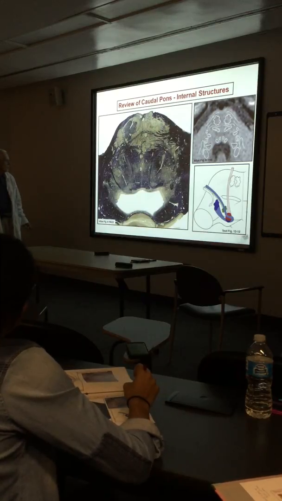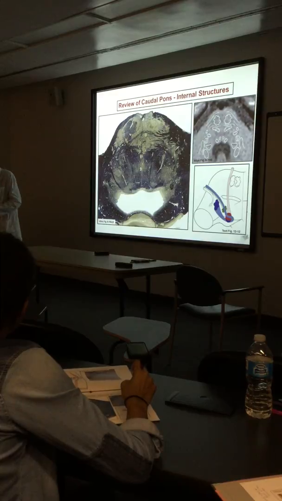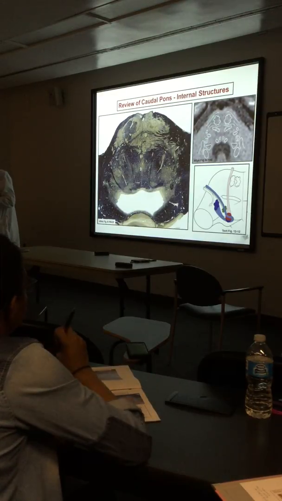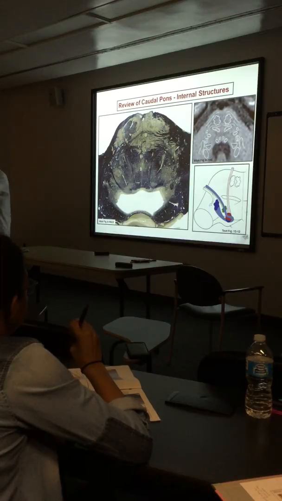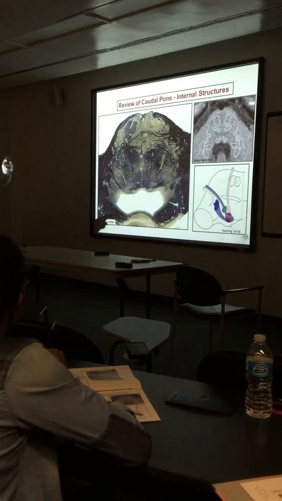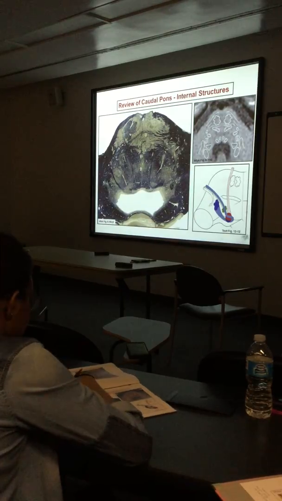What was I talking about? The medial longitudinal fasciculus, okay? From this level, caudally, you understand what I mean by that? Going down the medulla and down the spinal cord, the majority of the fibers are descending, going from someplace in this area down.